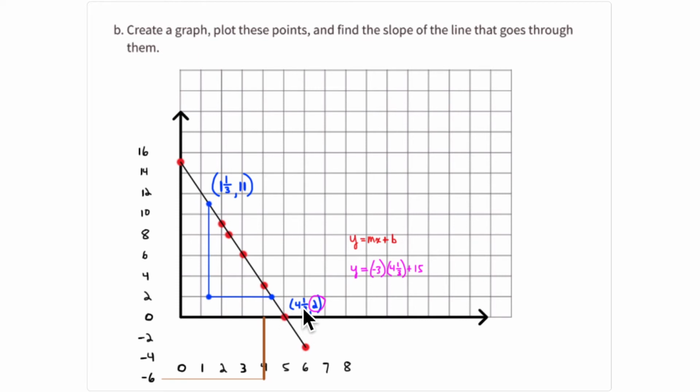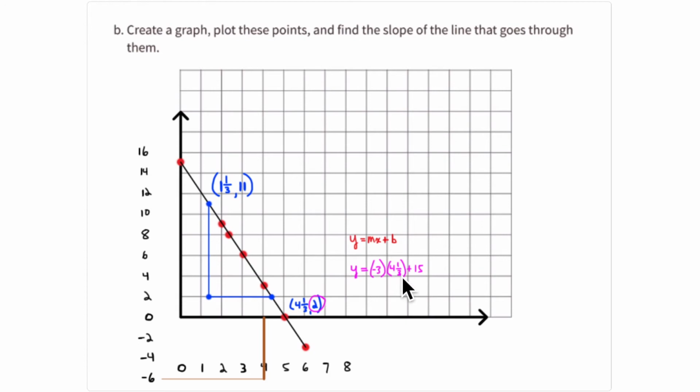And I want to prove to you that the y-coordinate for x equals 4 1/3 is 2. So if you plug into x right here, 4 1/3, it's negative 3 times, negative 3 units for every unit along the x-axis, and there's 4 1/3 units, so it has to be negative 3 times that 4 1/3.